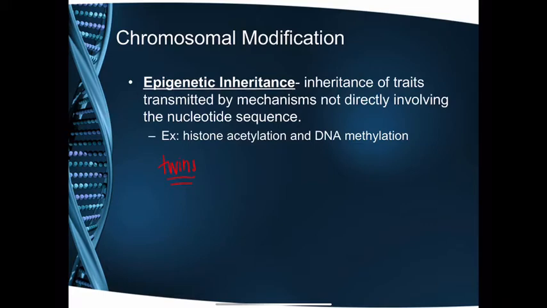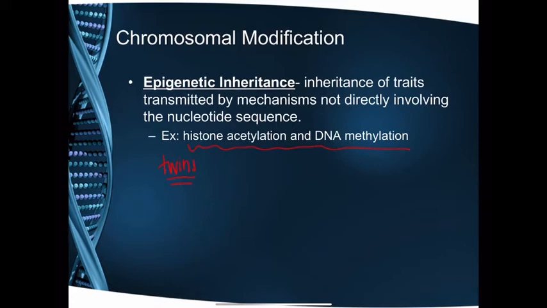And so some examples of epigenetic inheritance are what we're going to talk about in just a second: histone acetylation and DNA methylation. Those are just some modifications that happen to the DNA that cause the genes, even though they're the same and even though they have the same code, to be different and to be expressed differently.